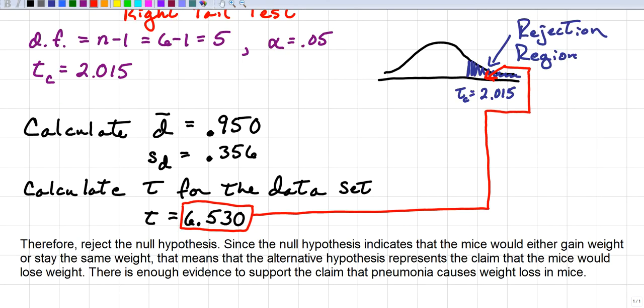So therefore, reject the null hypothesis, since the null hypothesis indicates that the mice would either gain weight or stay the same weight. That means that the alternative hypothesis represents the claim that the mice would lose weight. There is enough evidence to support the claim that pneumonia causes weight loss in mice.